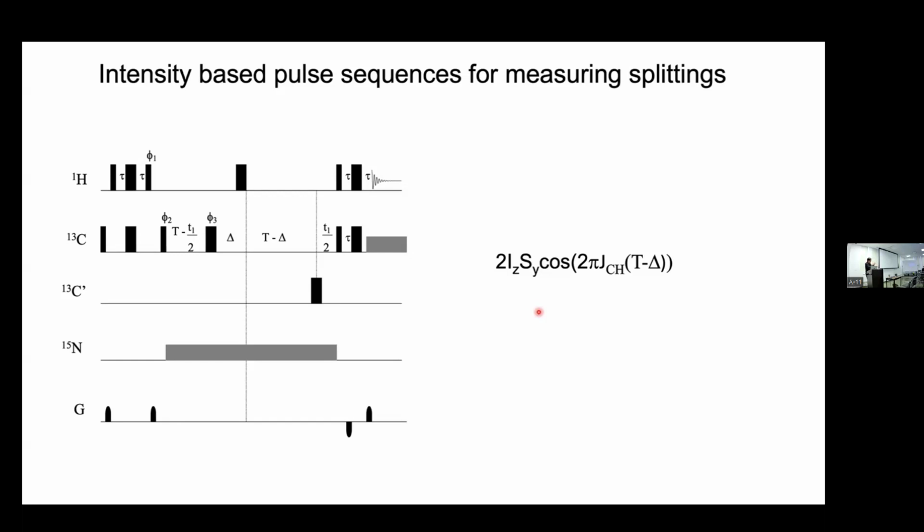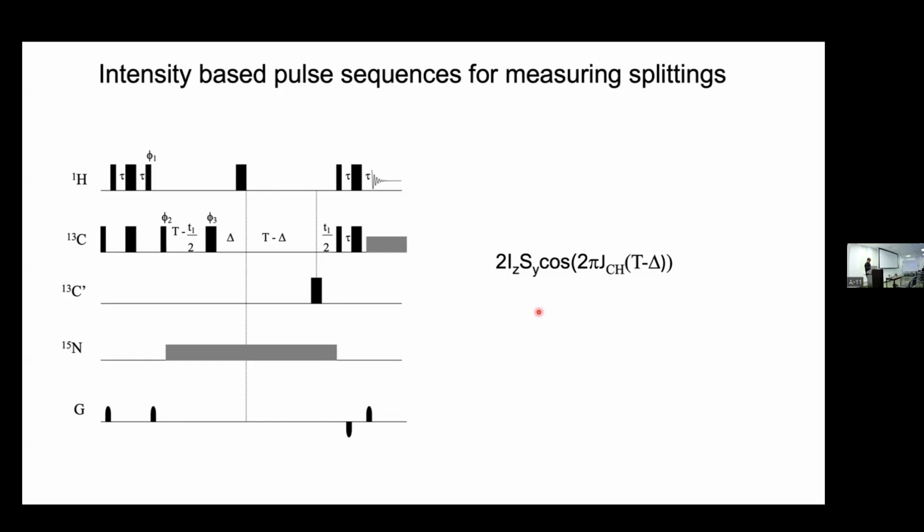During my evolution period, my J couplings evolve for a defined amount of time that you choose as the user. Let's call it delta. That term is multiplied in front of your operator so that the intensity of the HSQC is modulated by cosine pi J delta.